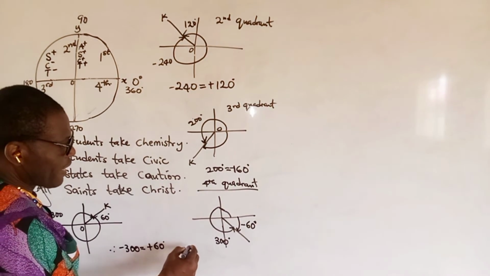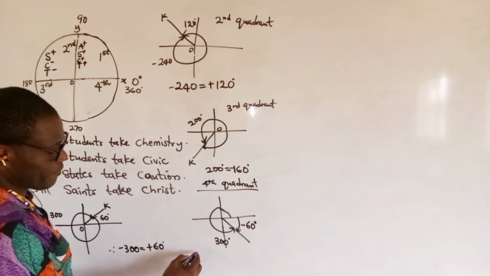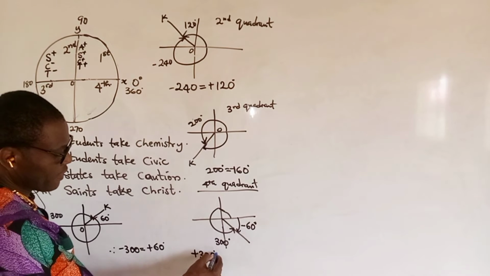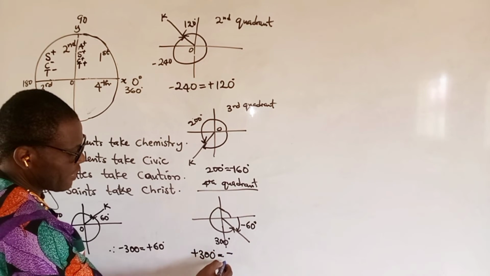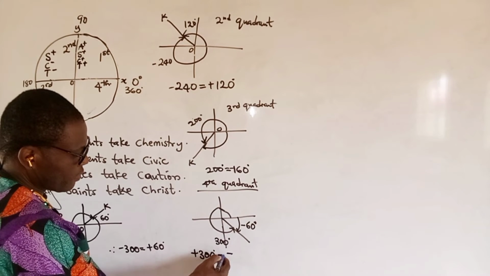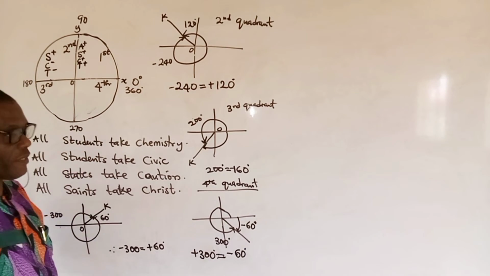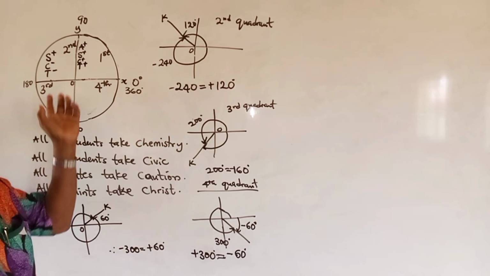So therefore, I can say that positive 300 degrees is equal to negative 60 degrees.